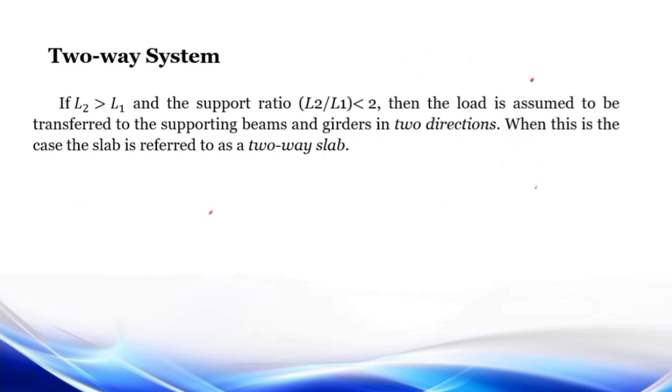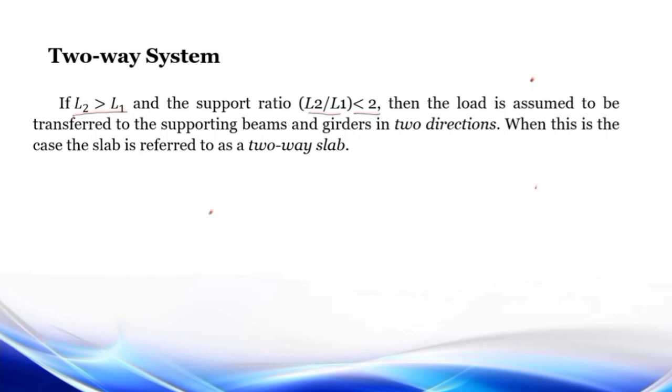How about the two-way system? If L sub 2 is greater than L sub 1 and the ratio L sub 2 to L sub 1 is less than 2, then the load is assumed to be transferred to the supporting beams and girders in two directions.